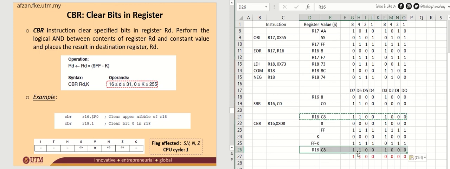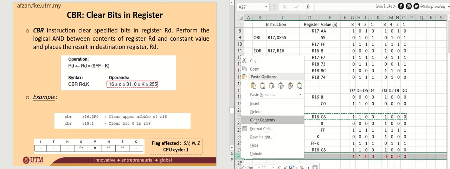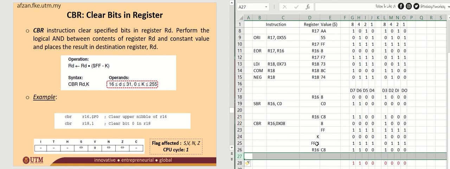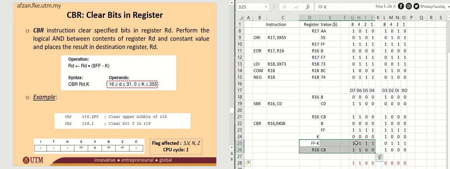Then after that, what are we going to do? We're going to do the logical AND between this number and this number. 1 AND 0 you get 0. What about 0 AND 0? You get 0. 0 AND 1, also 0. 1 AND 1, you get 1.